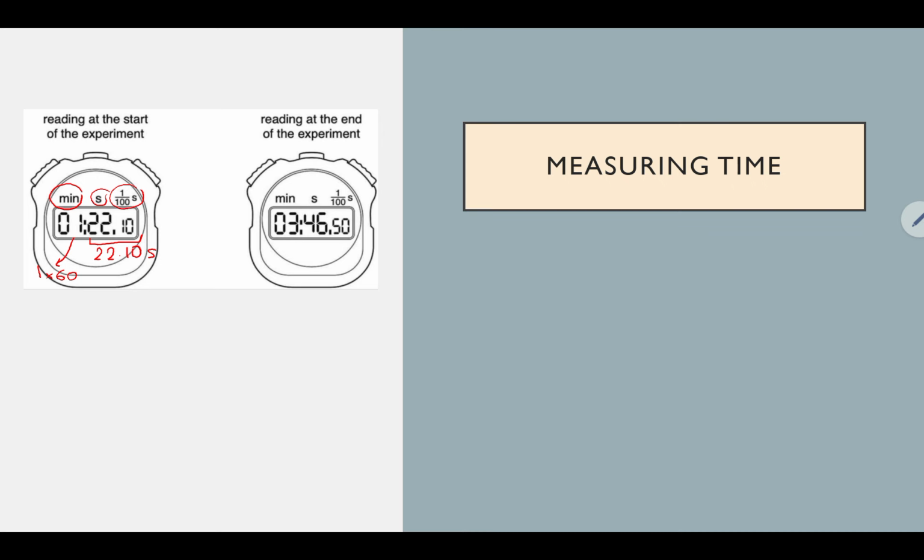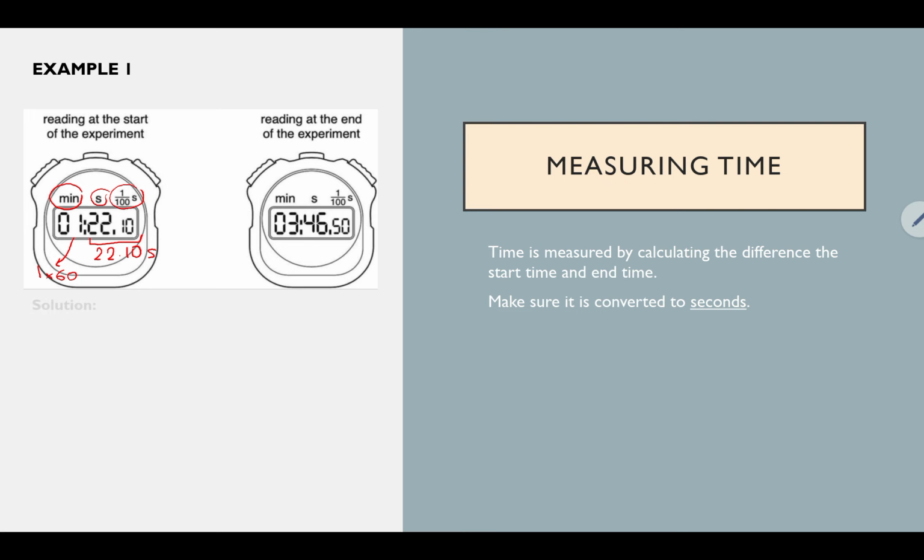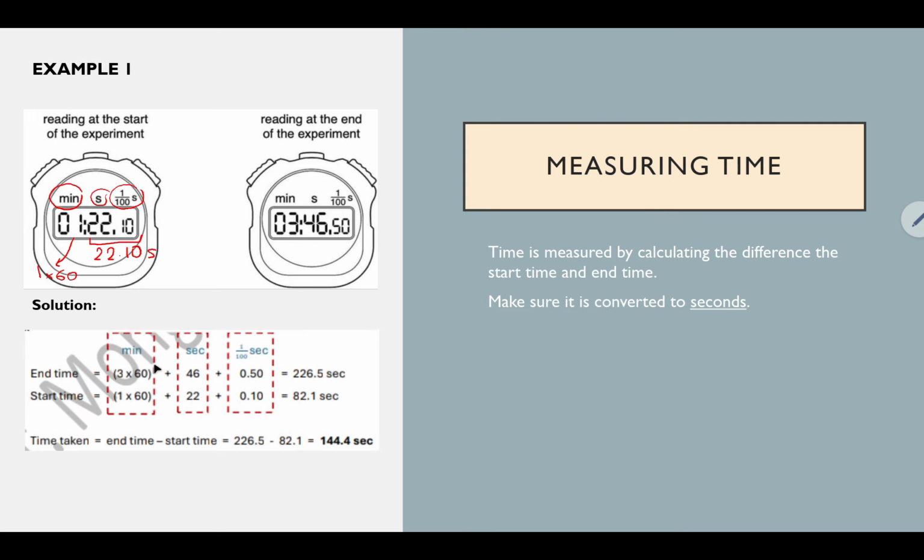So in total, we have to take the time we have, which is 1 times 60, as we can see in the start time, plus 22.10. So this gives us 82.1 seconds.